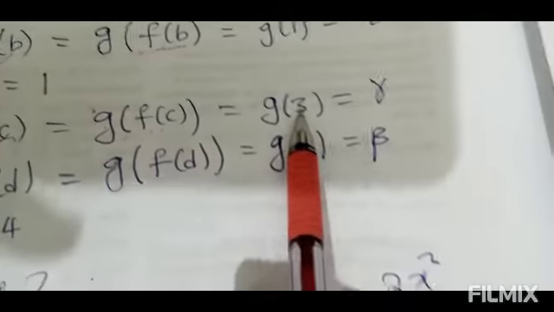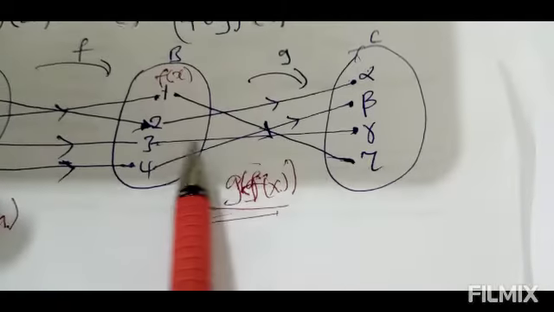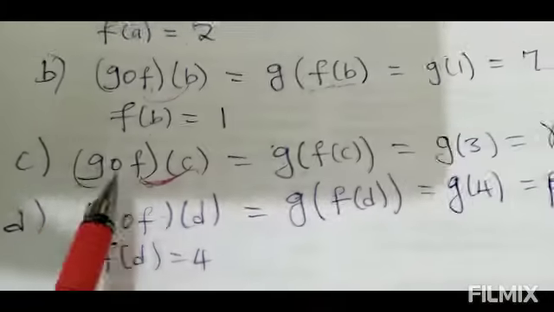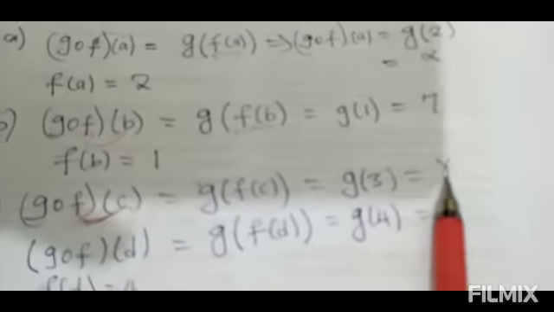Where is 3 going? 3 goes to gamma. So g of 3 is gamma, and g of f of c is gamma.